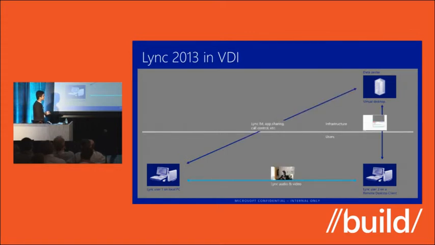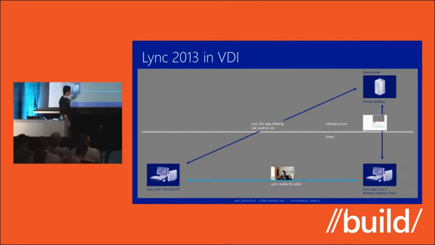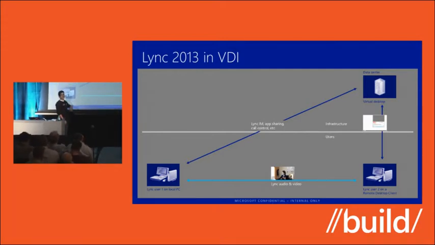RemoteFX fixes that problem by enabling a direct redirection path between the user that you're doing a VoIP call with and your remote desktop connection client. The rest of the Link content, things like IM, app sharing, and all control communication, take the regular path, but you have a direct path for Link audio video between the remote user and your client. Let's say I'm logged into a virtual desktop, running Link in the remote session.